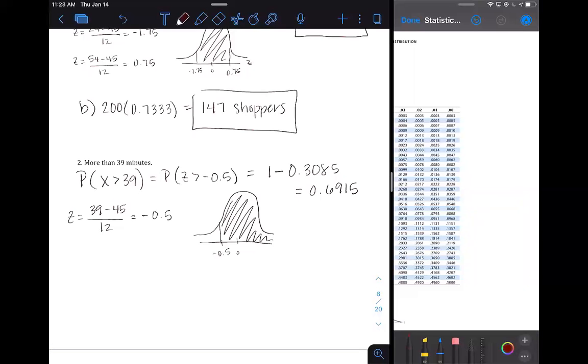So that would be your answer for that. And then part B, multiply it by 200, which is approximately 138 shoppers.